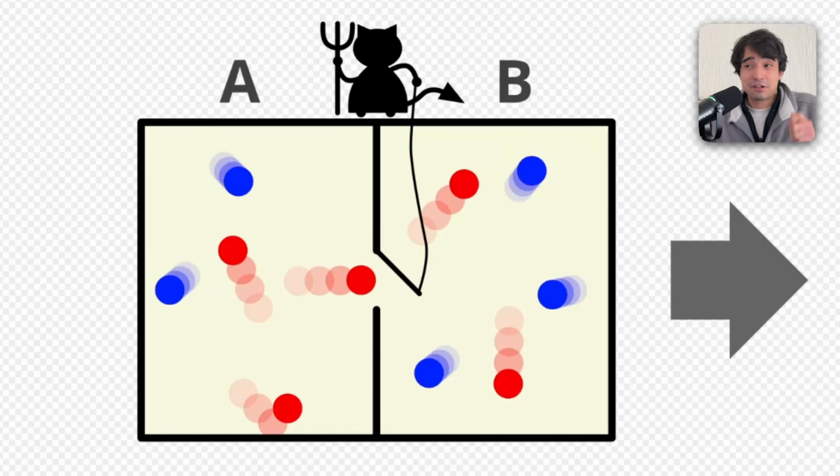And this guy can actually measure the velocity of the particles that are moving around in the gas and will open the door only for fast particles that are moving from the left compartment to the right compartment.